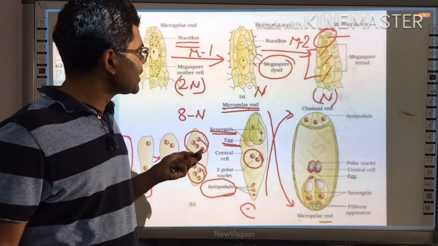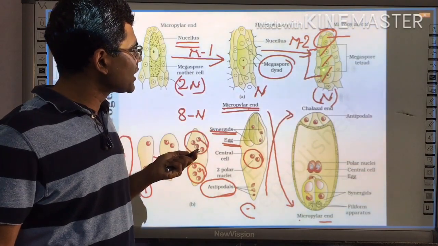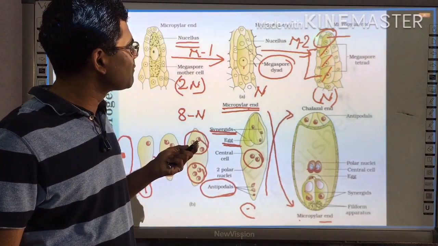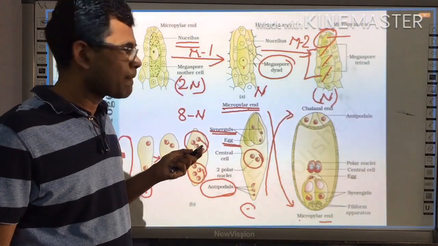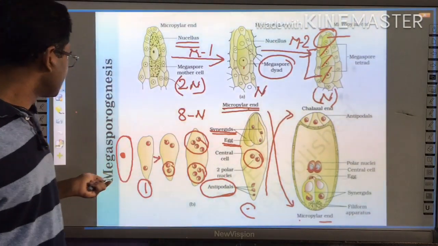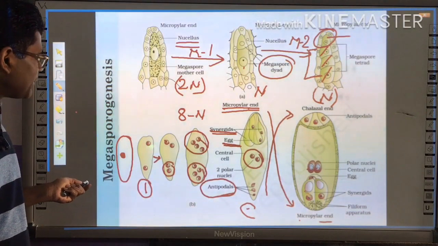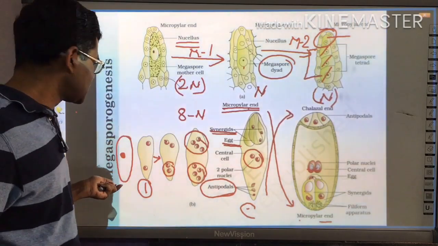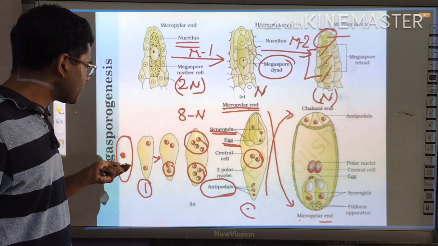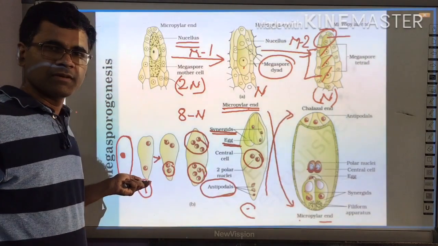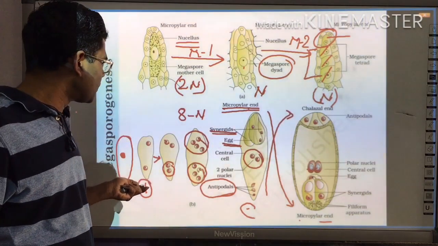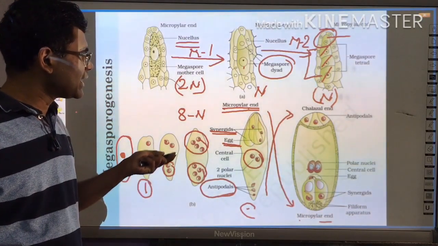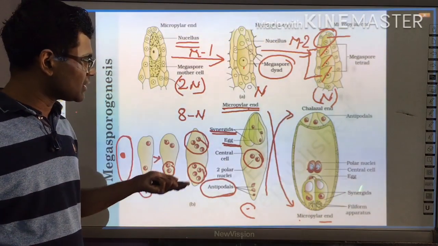In the megaspore tetrad, out of these 4 megaspores, 3 degenerate and the whole embryo sac will develop from one cell. This one megaspore undergoes repetitive mitotic division. As a result, it will form the 8 nucleated stage. When the 8 nucleated stage is formed, these 8 nuclei migrate toward their respective poles.